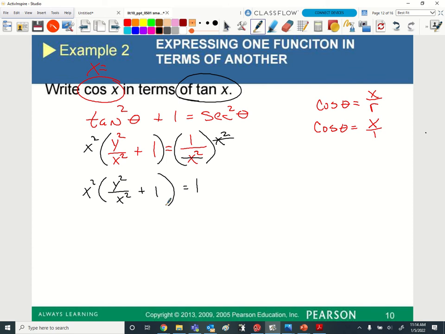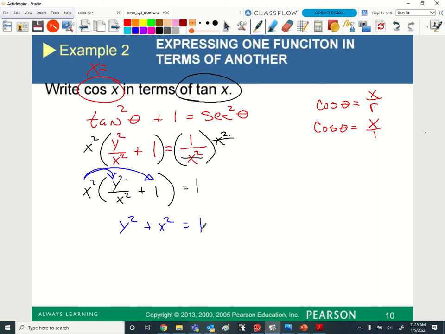She's saying it will cancel because it will. If I distribute here, my x squareds will cancel, and I would be left with just y squared. Very good. And over here, as I distribute, x squared times 1 is x squared, right? And that would mean that I'm left with equal to 1.